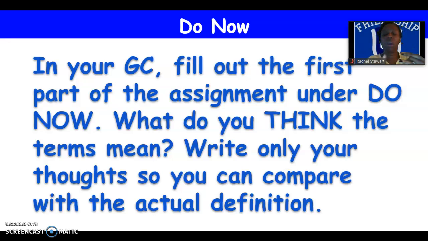Do not Google. Do not look it up. Don't ask anyone. Write only your thoughts because we're going to compare what you think to the actual definition. So go and complete the Do Now on the Google Classroom under our lesson for today and hit play when you come back. You can pause it now.